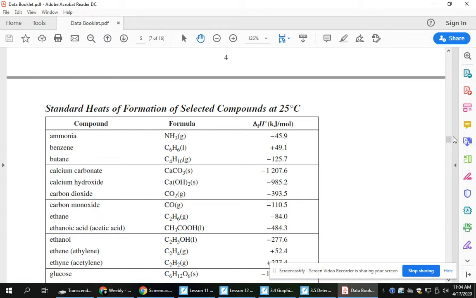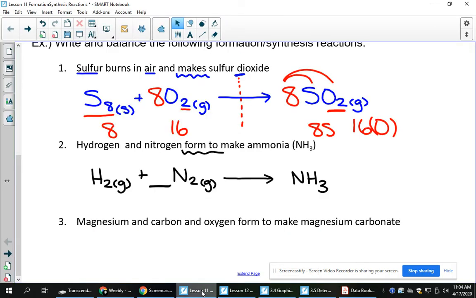This one has ammonia on it, and I'm looking it up because I didn't know what the state was. And I can see the very first line on page 5 says ammonia is NH3 gas. So I'm now going to add that to my equation. So you can see that you need the correct chemical formula and you need the states for all of this.